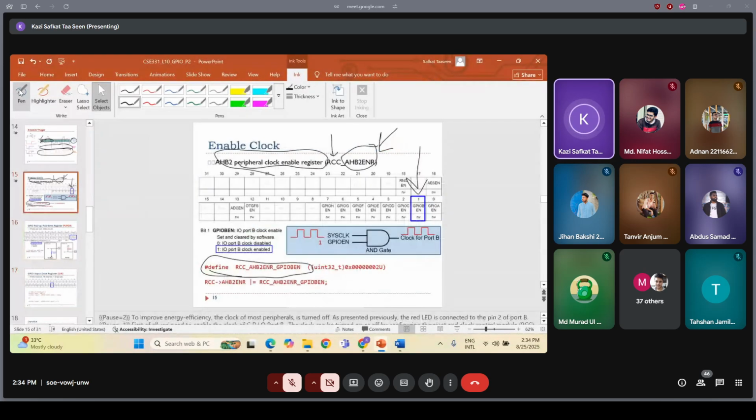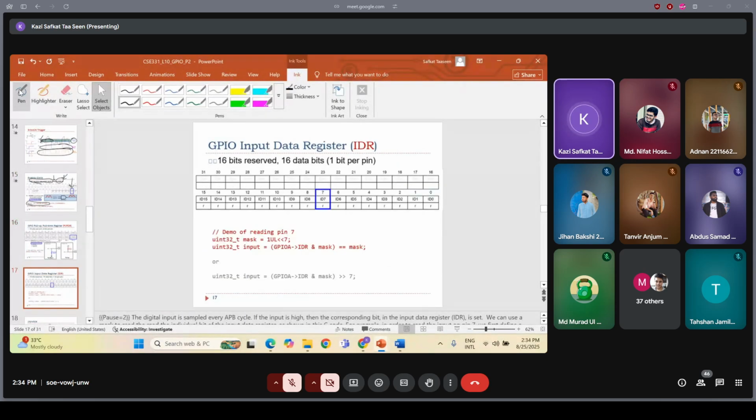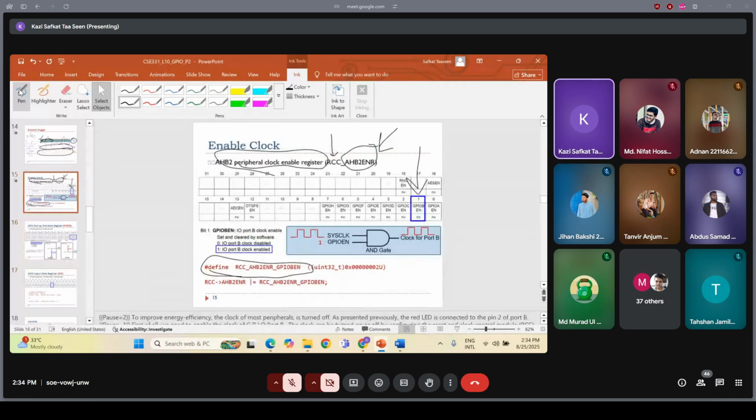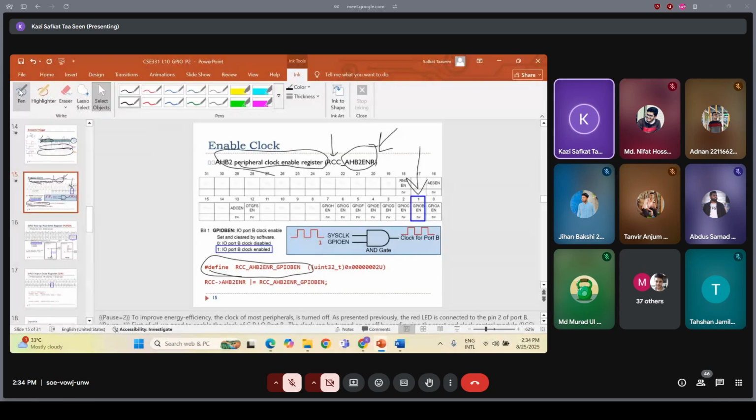Does anyone have a question regarding this clock enable register or the pull up pull down register or the IDR? No, sir. Is it clear what these 3 registers do?